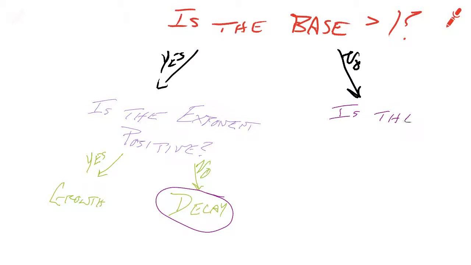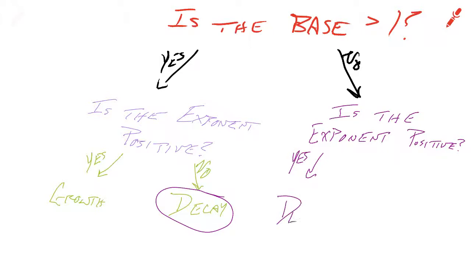I know it seems redundant to write it twice, but your answer to this question will lead to different results here. So is the exponent positive again? If you say yes here, then you're dealing with decay. And if you say no here, you're dealing with growth.